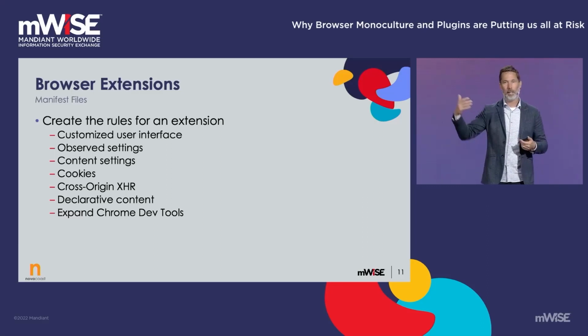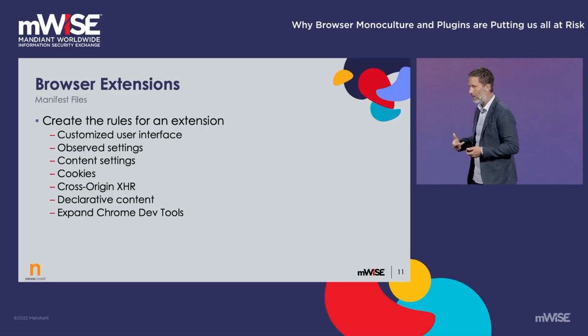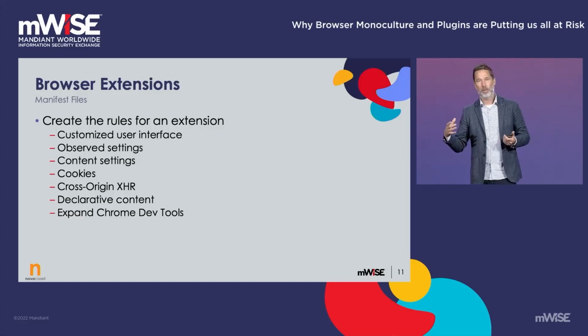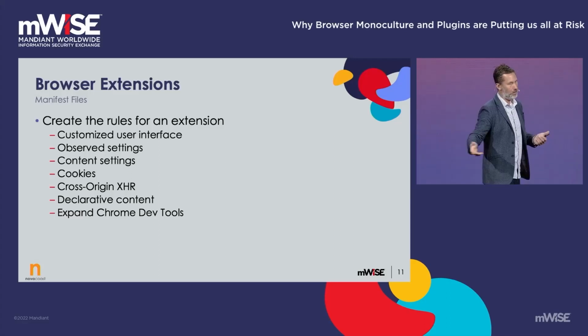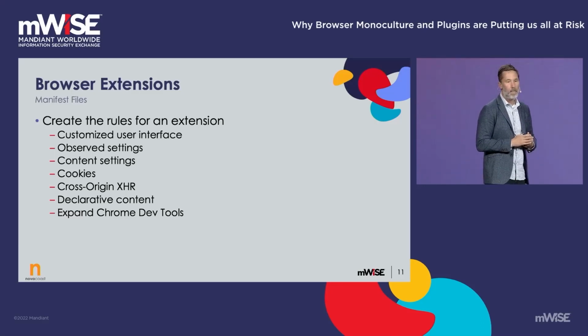If you're looking at an ad blocker, for instance, or an extension that is there to interact with your bank, it probably should only be able to associate itself to the domains that it owns and operates. And if it has a wider setting than that, that should throw off some issues or some things to look at.